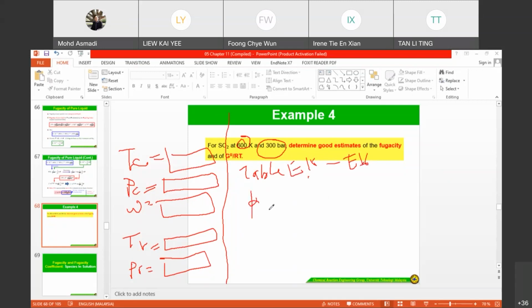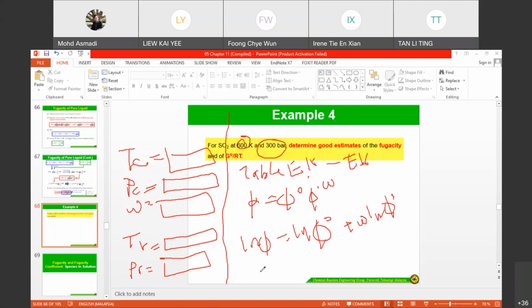So by using phi equals phi naught times phi prime to the power omega, ln phi equals ln phi naught plus omega ln phi prime.